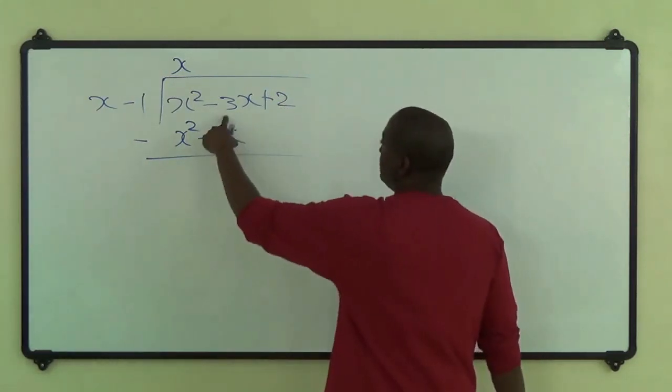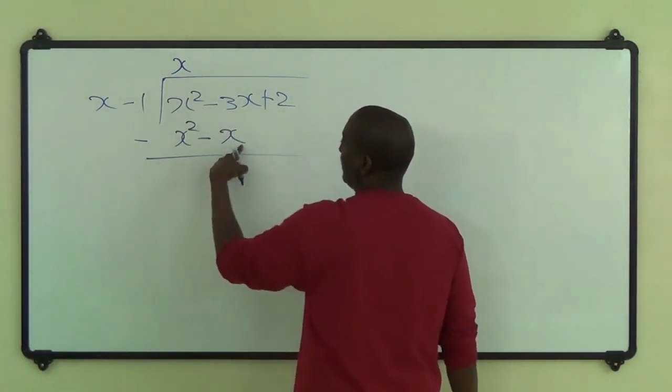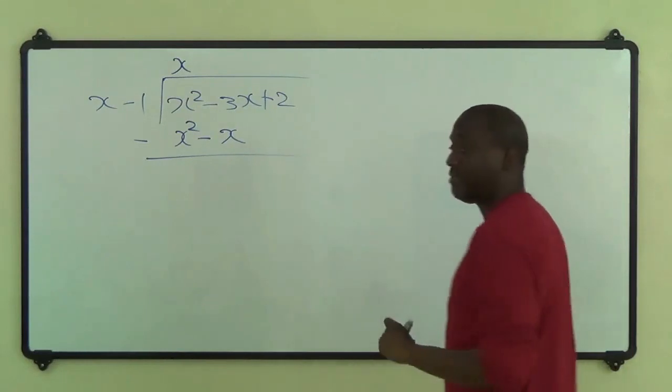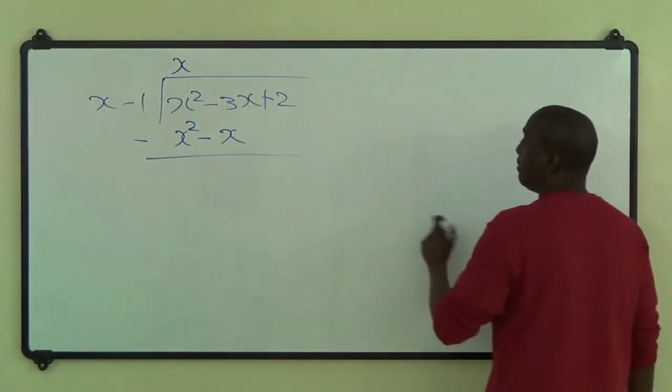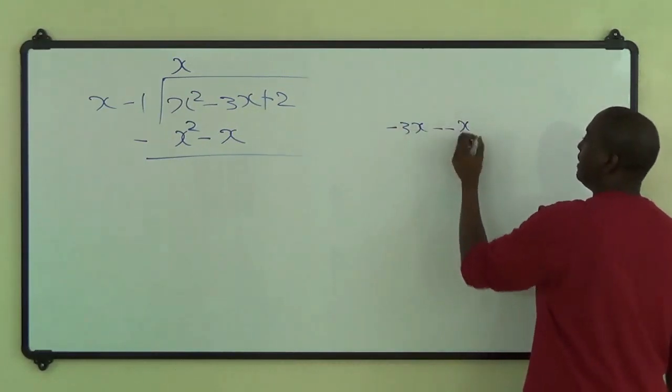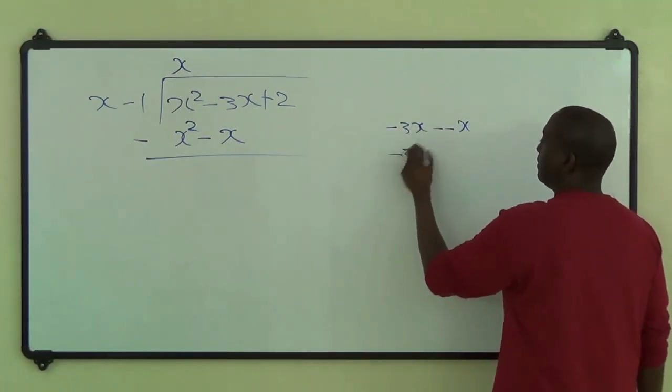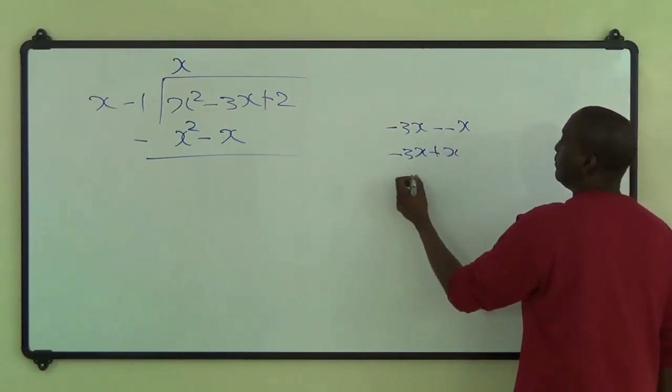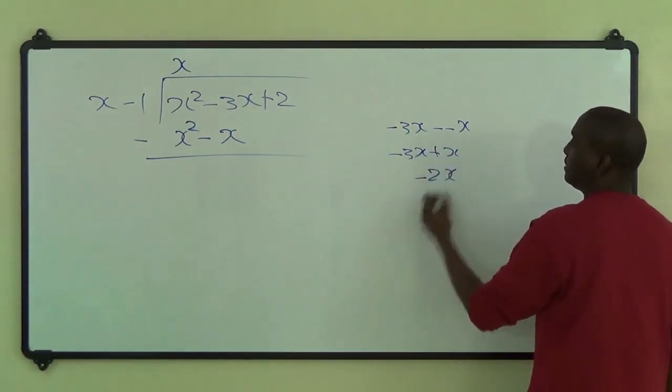So minus 3 minus x. And what I always advise my students, if you need to go in a corner and write it out, write it out. So minus 3x minus x is the same thing as minus 3x plus x, which is the same thing as minus 2x.